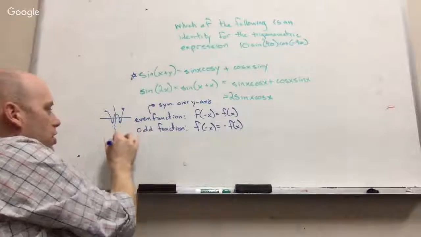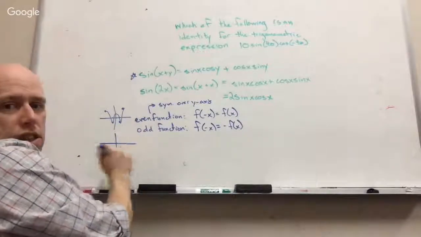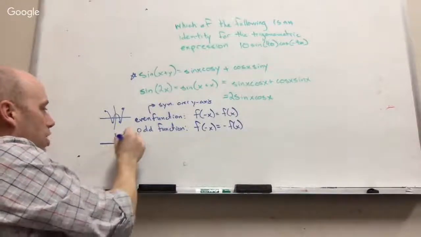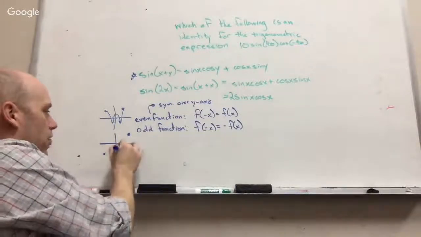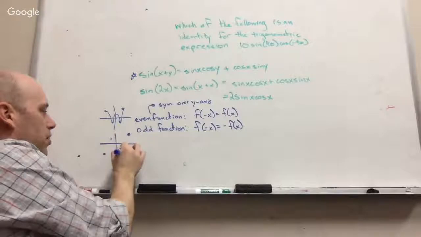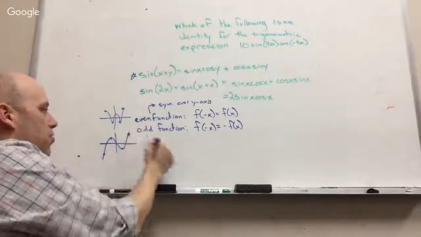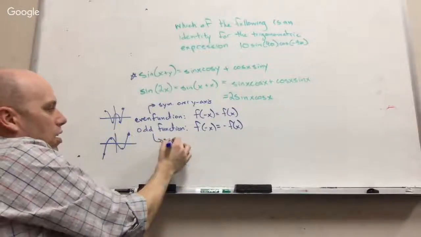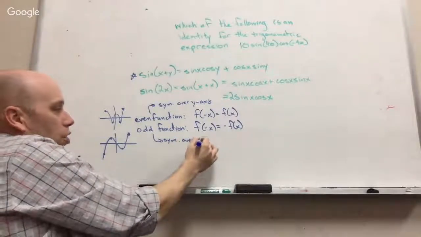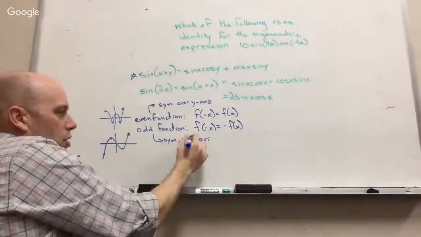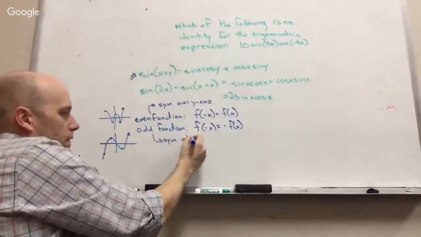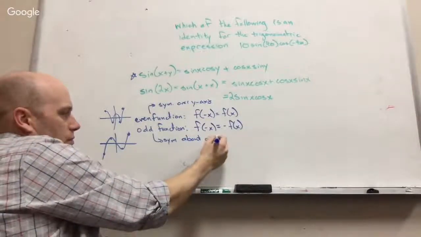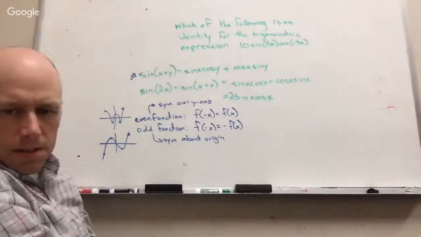An odd function, on the other hand, if you go x and the opposite of x, you're going to get opposites for the outputs. So this thing's going to be symmetric about the origin. Does that make sense? Yeah. Okay.